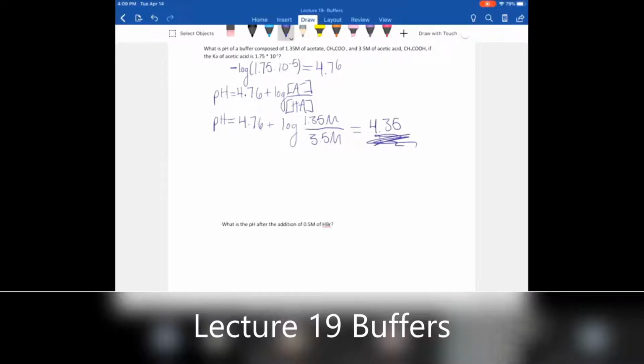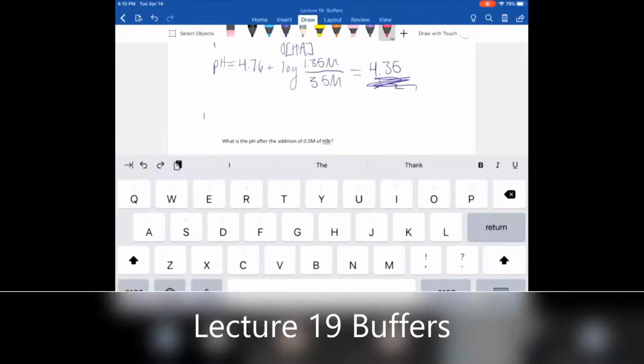It should be, because your acid concentration is 3.5 and your base concentration is 1.35. So your acid concentration is greater, which means the pH of your buffer should be less. If you ever wonder, did I accidentally flip acid and base? If inside your buffer you have a greater acid concentration than base, your pH should be lower than pKa, and vice versa. So you can check yourself that way.